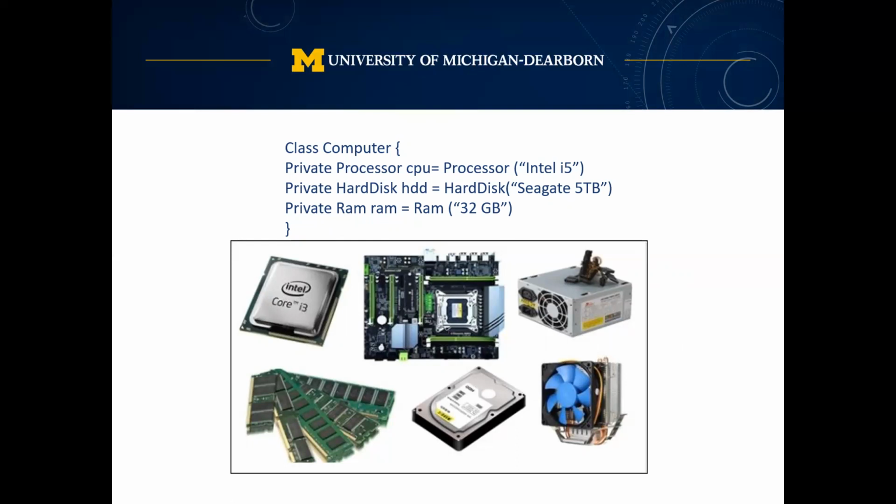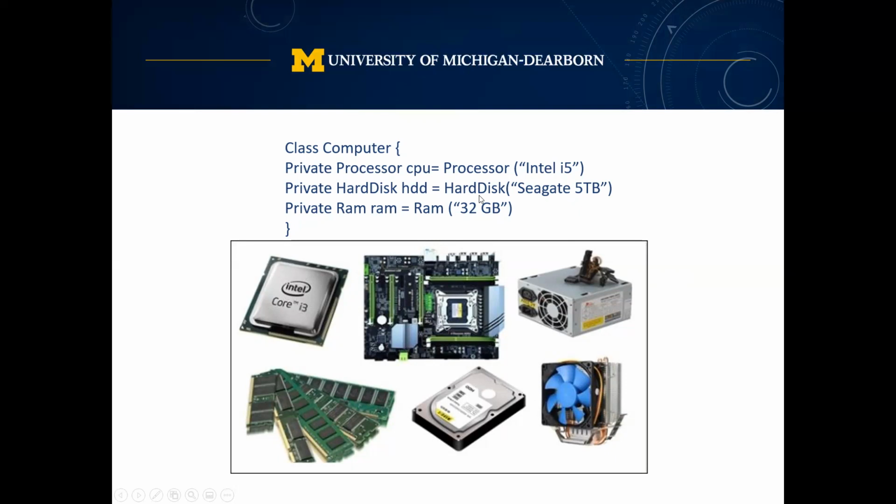If we think of this computer as a class in programming, we can either create each component in the computer class, or we can create these components somewhere else. Let's see what happens if we create them inside the computer class.